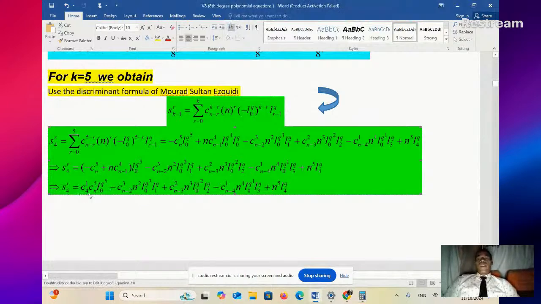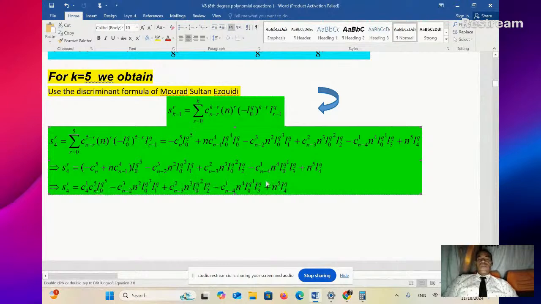It is written as combination n choose 5, where n is 8 simply because you are working with the 8th-degree polynomial equation, times n0 for the q raised to the power 5, minus combination n minus 2 choose 3 times n squared, n0 for the q raised to the power 3 times n1 over q, plus combination n minus 3 choose 2 n cubed, n0 for the squared times n2 for the cube, minus learners combination n minus 4 choose 1 n raised to the power 4 n0 for the q raised to the power 1 times 3 n cubed, plus n raised to the power 5 times n4 of all the cube.